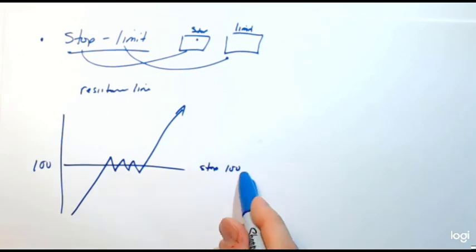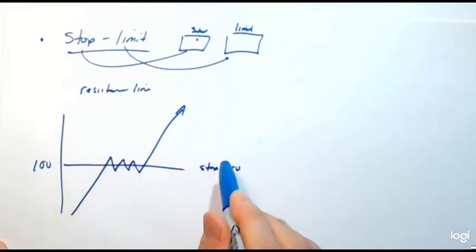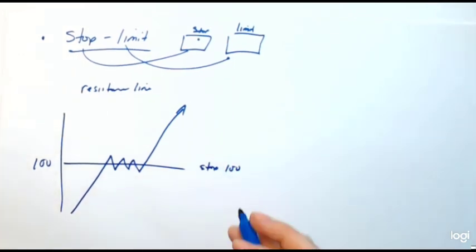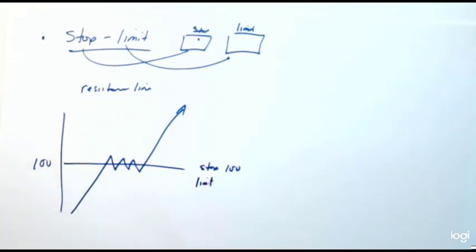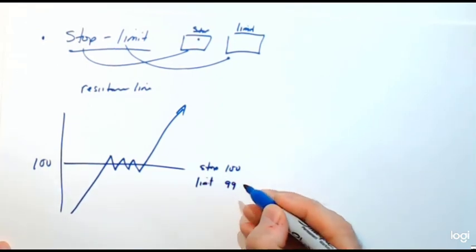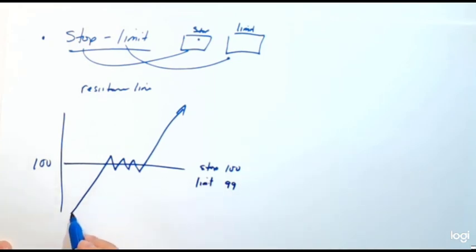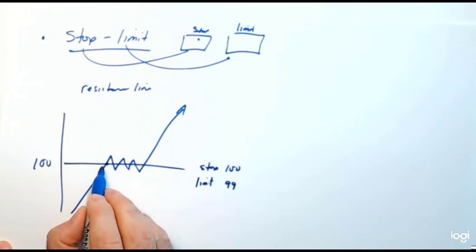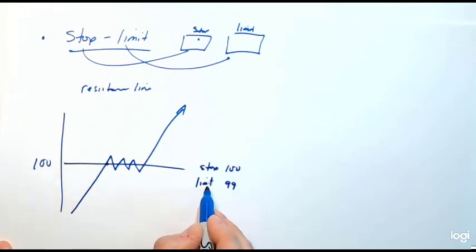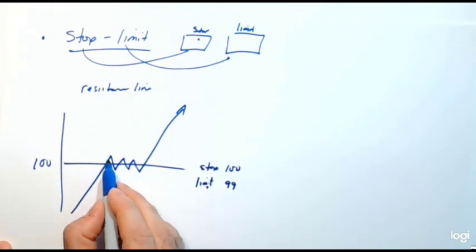And so you put in a stop at 100, which means that it's going to trigger a limit order. But you need to specify the limit price. So let's say the limit price is 99. The stock goes up, hits 100, and then you're saying, I want a price of 99 or better. This is not 99 or better. This is not 99 or better.